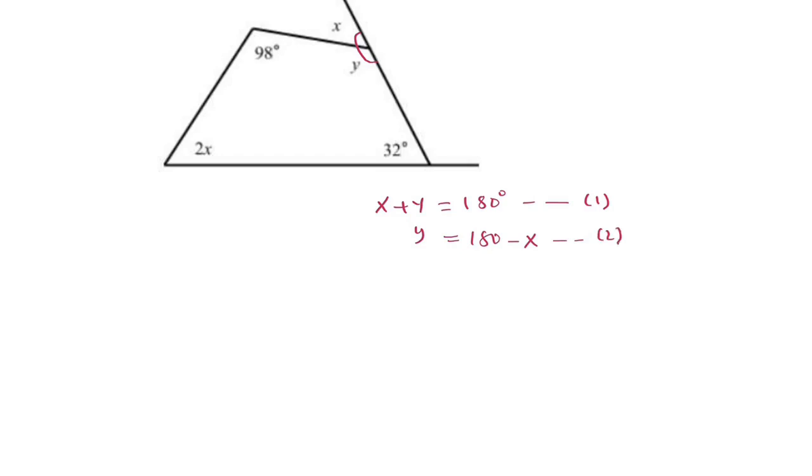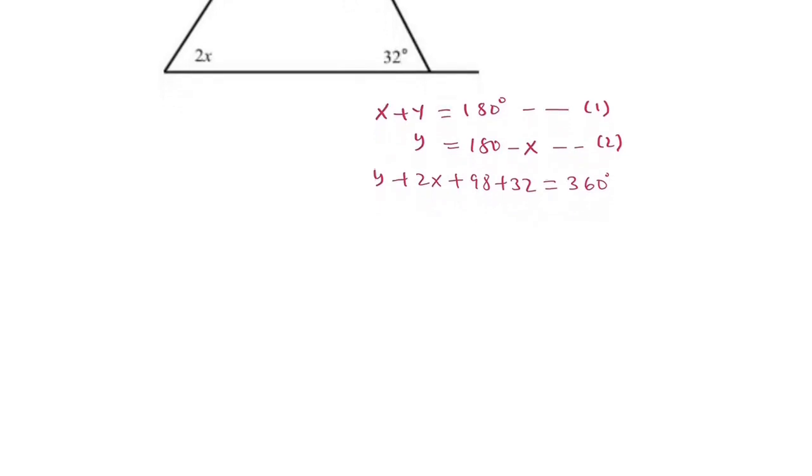Now going back to our figure, we can see that it has 4 angles. Then the sum of the interior angles of this figure must be 360 degrees. We can write this as y plus 2x plus 98 plus 32 equals 360 degrees.